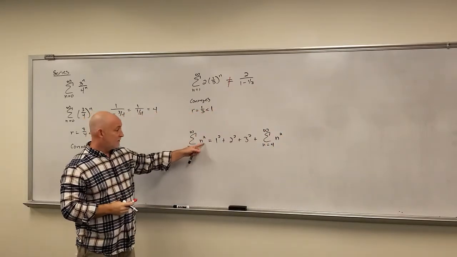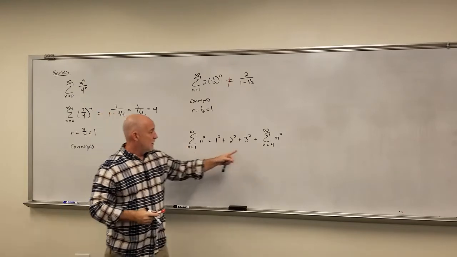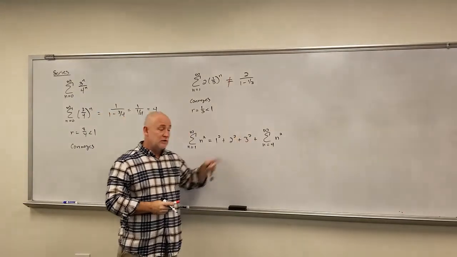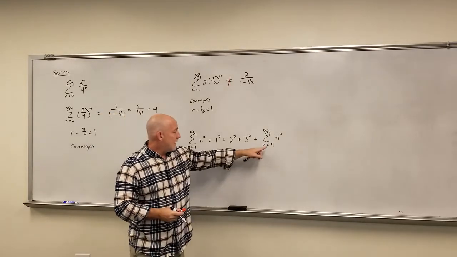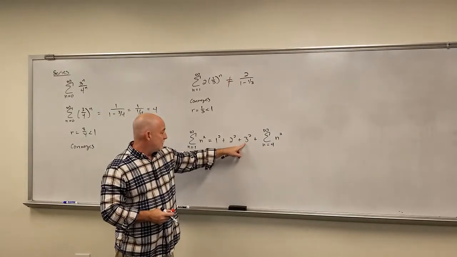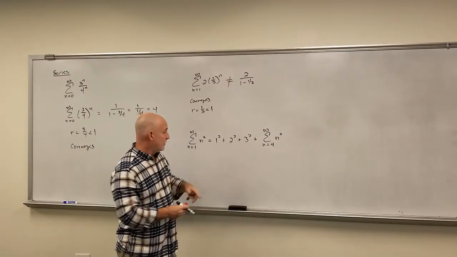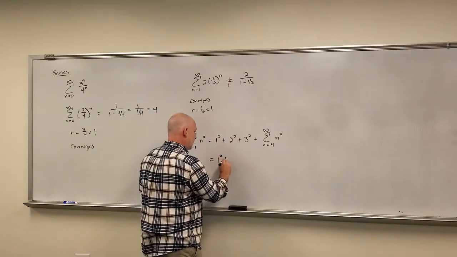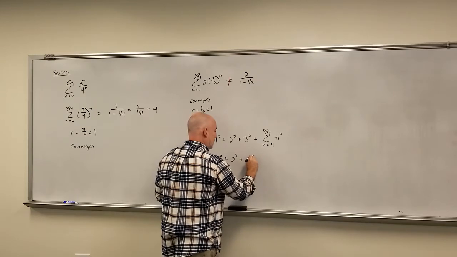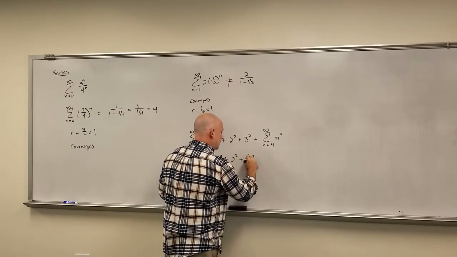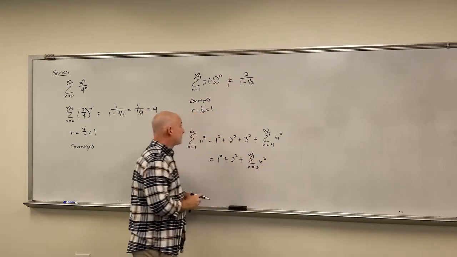Basically what I did is I wrote out the first 3 terms and left all the rest of them in a summation. Which means you can also do this backwards. I can put this back in there and call this the sum n equals 3 to infinity of n squared.